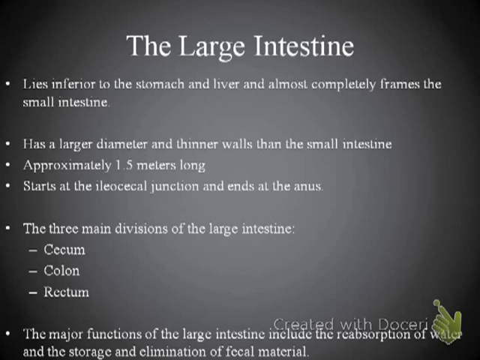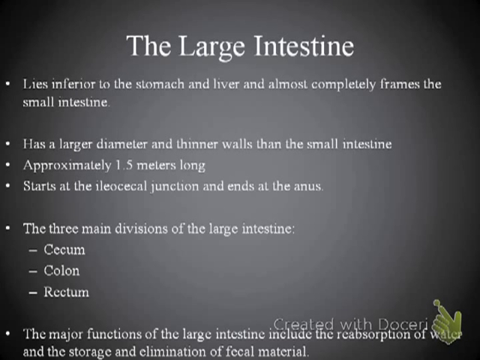The large intestine. It lies inferior to the stomach and liver and almost completely frames the small intestine. It has a larger diameter and thinner walls than the small intestine and is approximately 1.5 meters long. So basically it's about 4.5 feet in length, much shorter than the small intestine.